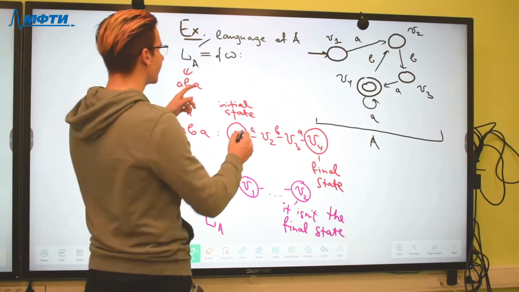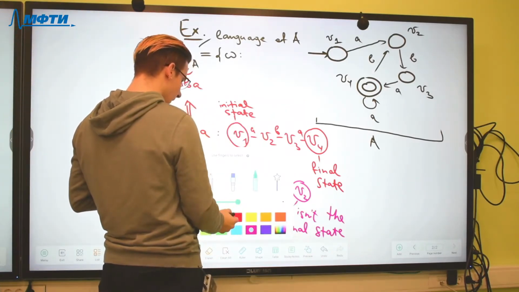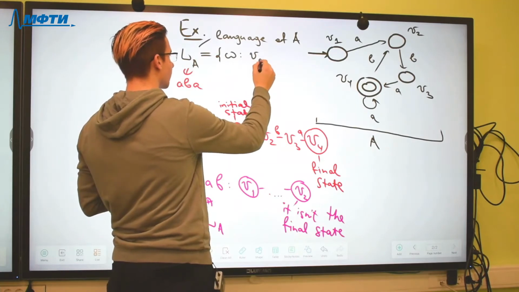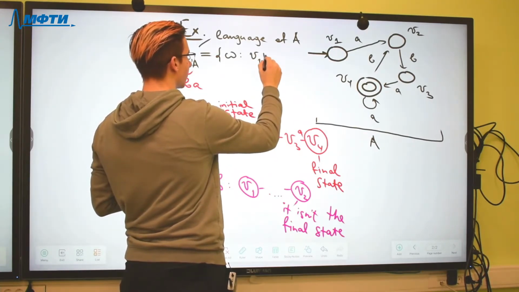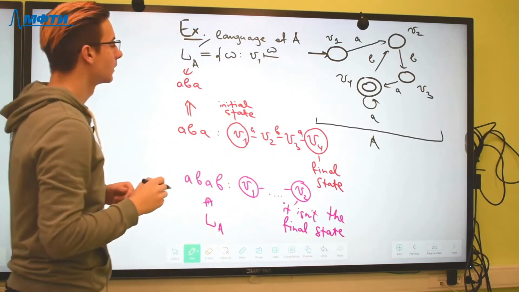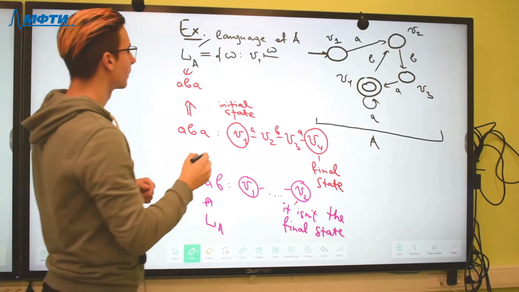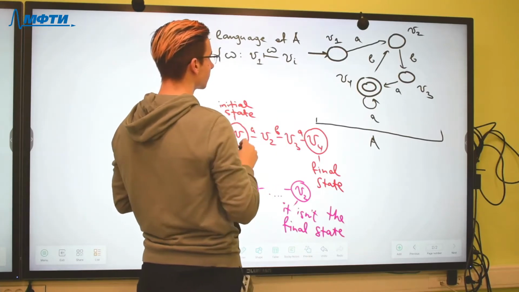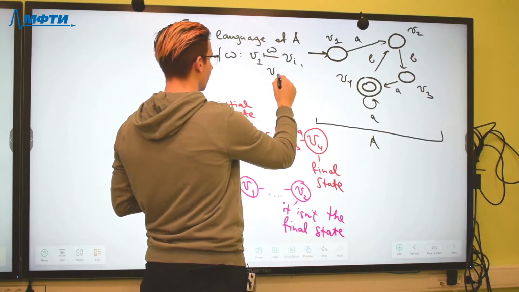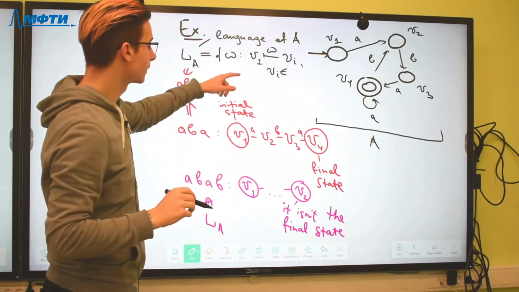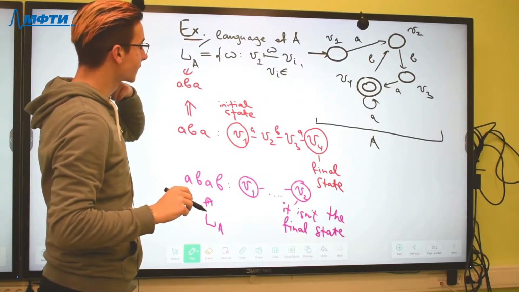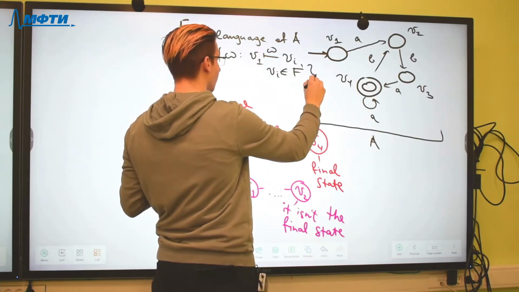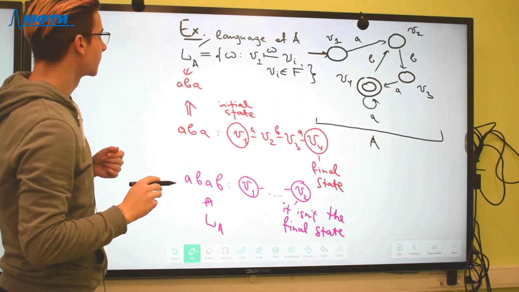So in the common case, we say that the language contains the words such that if we start and find the way from the initial vertex to the other vertex, this vertex that is the final vertex in the path will be in the set of the final states.